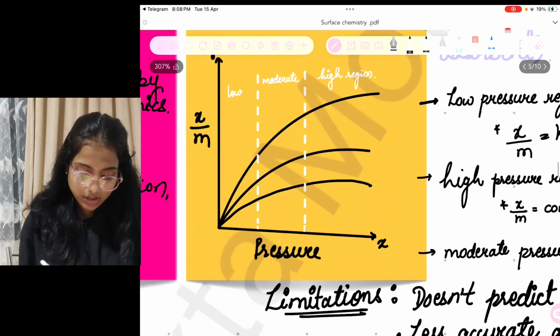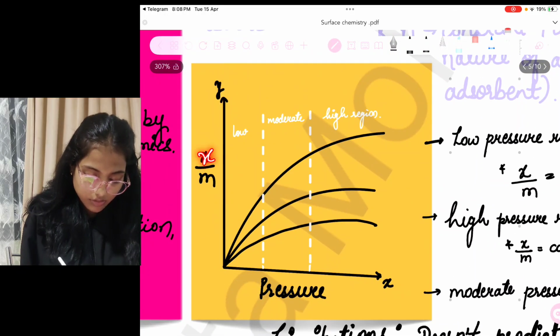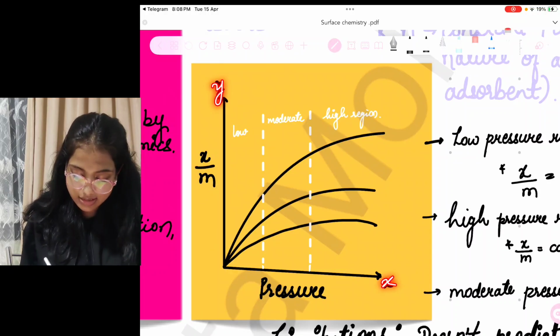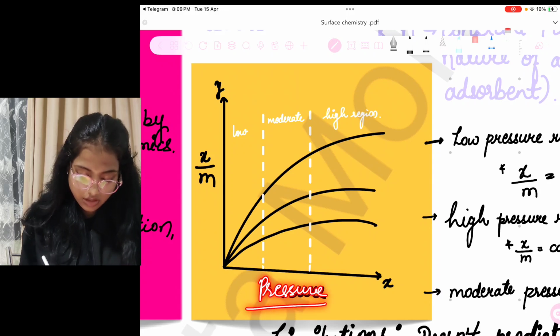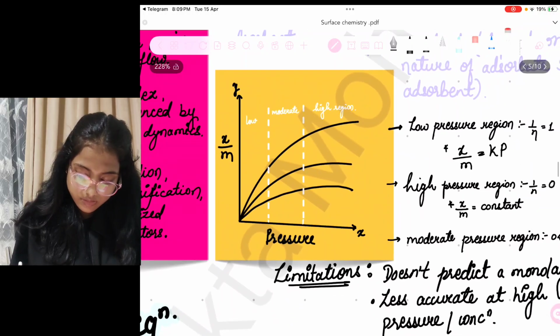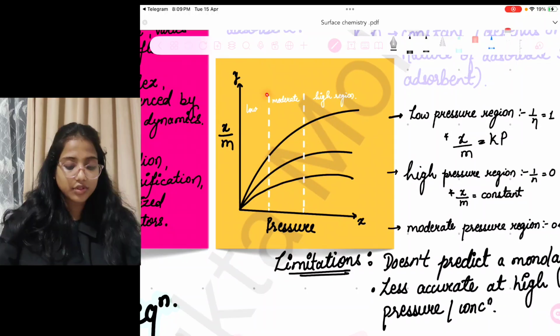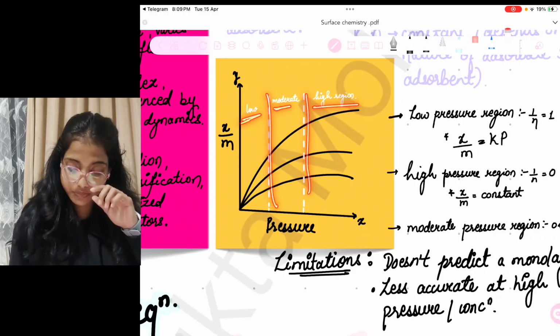Now let's head towards the graph. Here on the y-axis we have x by m, and on the x-axis we have pressure. We are dividing this graph into three regions: low, moderate and high.